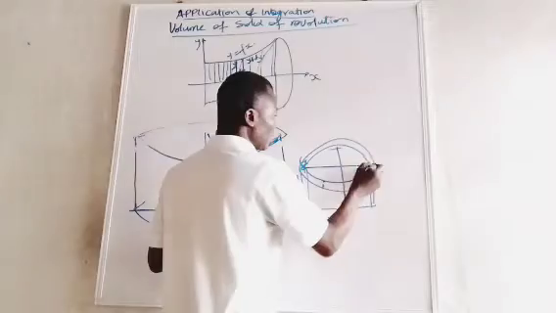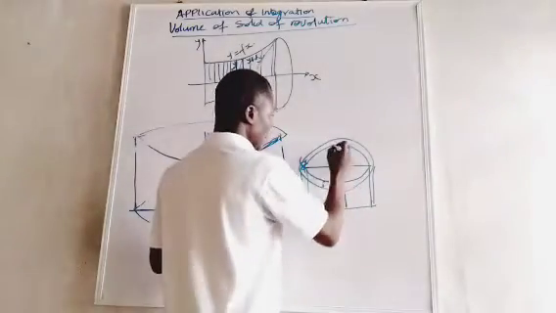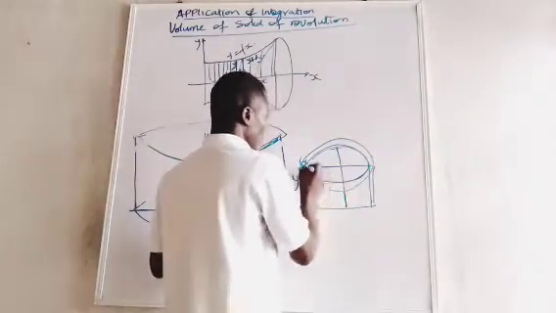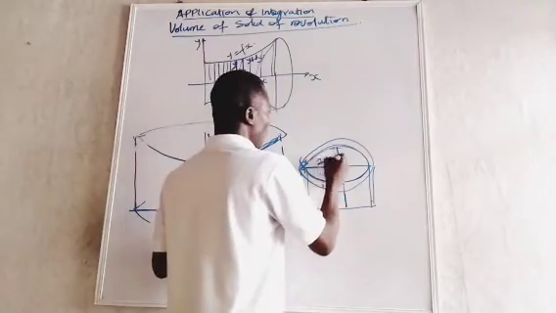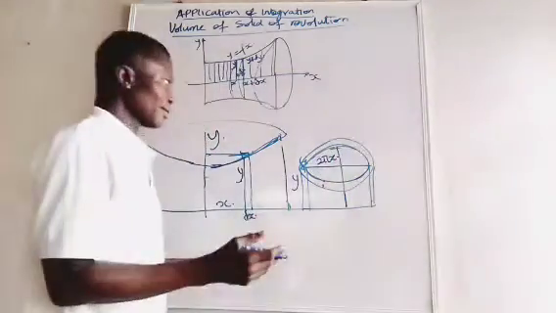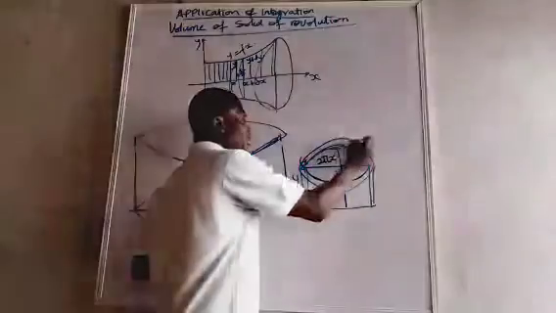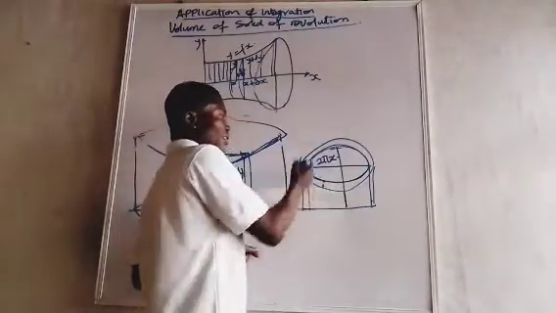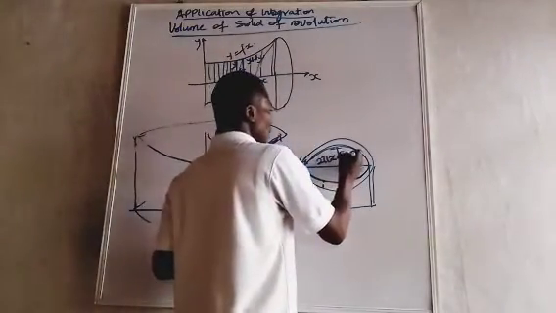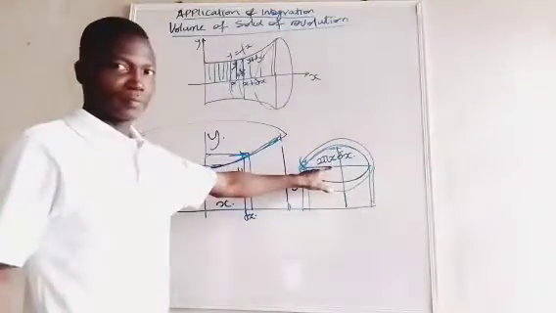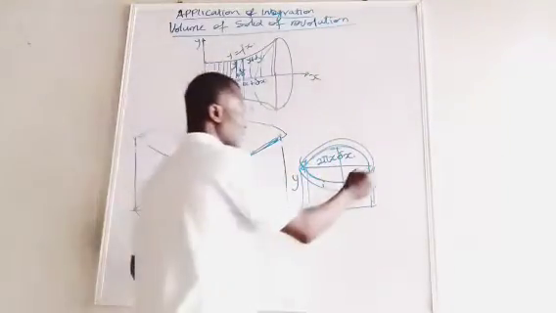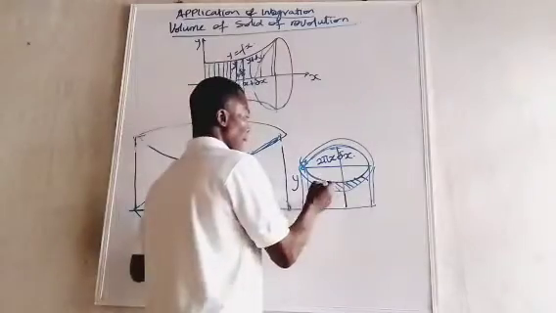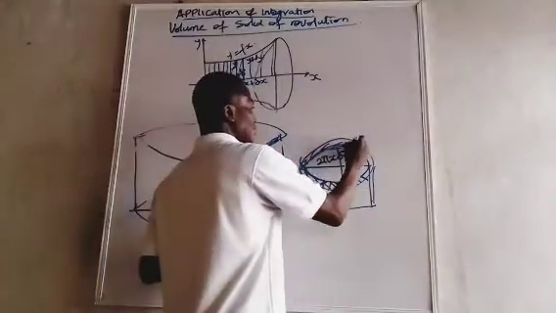The length of this place is going to be 2 pi x. That's the length. So the area of this strip is going to be 2 pi x delta x. Please take note, this area is 2 pi x delta x.